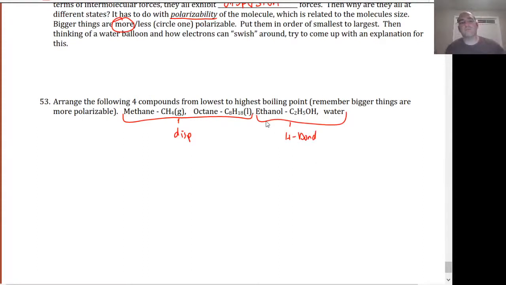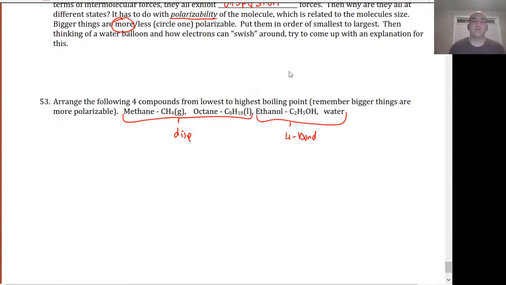So a good first way of looking at it would be to look within the categories first. So within this category, we've got methane and octane. Octane's clearly bigger, more polarizable, more electrons. So octane's going to have a higher boiling point than methane. And you'd be totally right there.